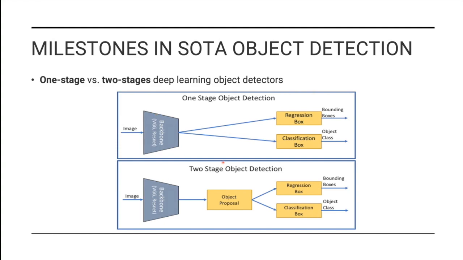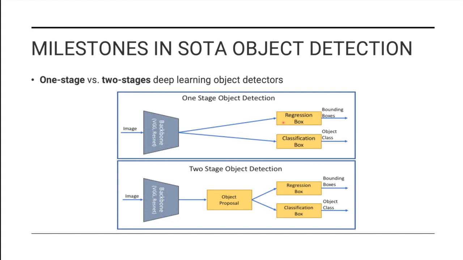If I want to put the difference between them graphically: for one-stage object detection, we have the image, it goes to the backbone, and directly from the backbone, which can be VGG, ResNet, or any backbone that we have, it goes to the regression box.